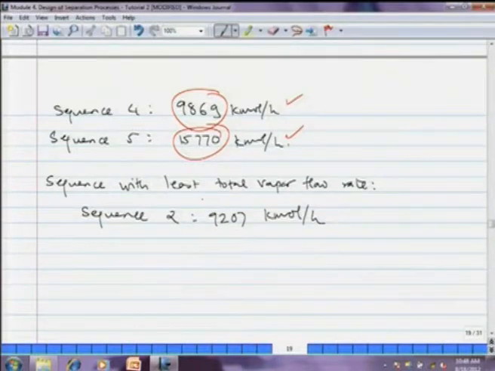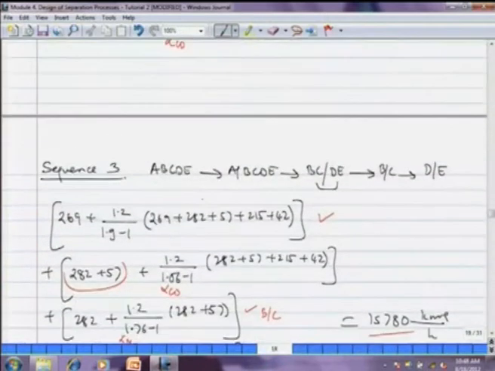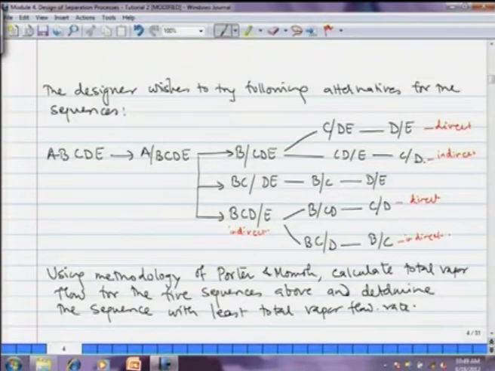The least total vapor flow rate among all of these is that of sequence 2, 9207 kilomole per hour.